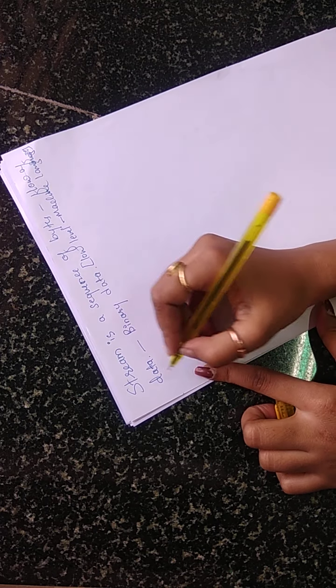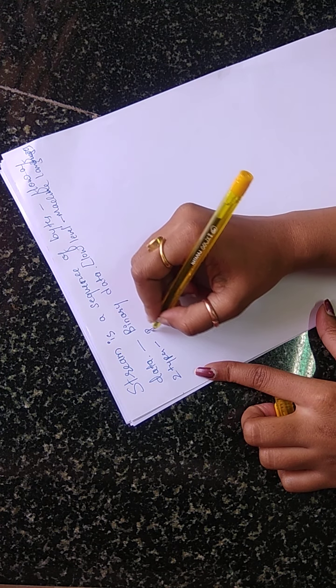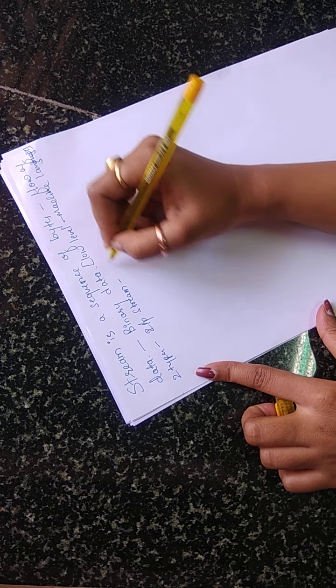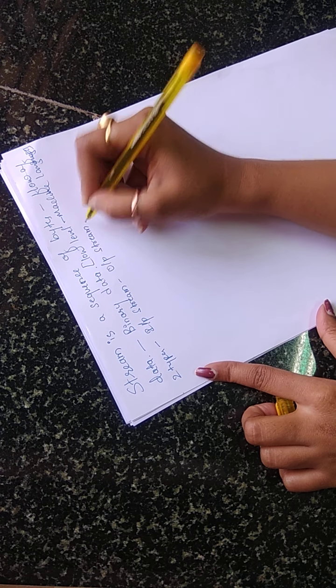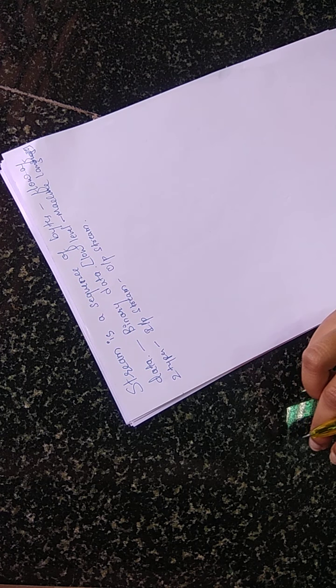So here streams are divided into two types. Those two types are input stream and output stream. So what is an input stream? The input stream is nothing but the stream that supplies the data to your program.